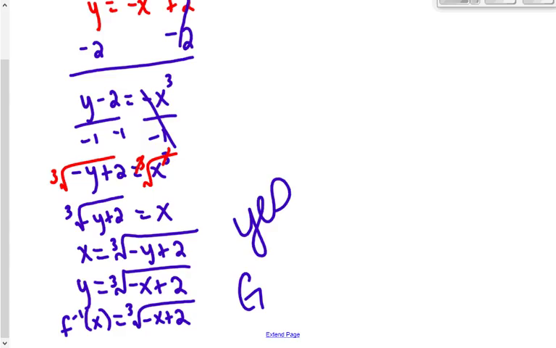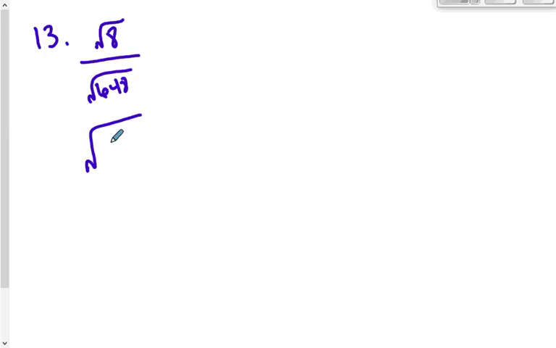All right. Number 13. You have the square root of 8 over the square root of 648. What would you do first? Square root on top and bottom. I would take, because you don't have an equal sign, so you can't just square both of them, but put them under the same square root. So 8 over 648.